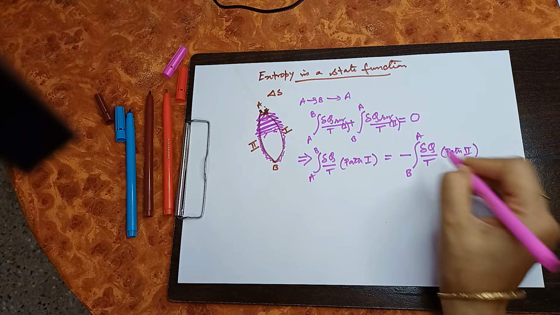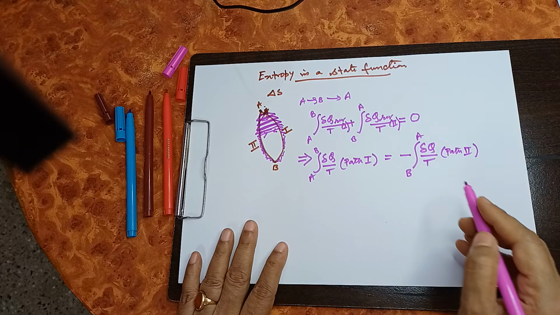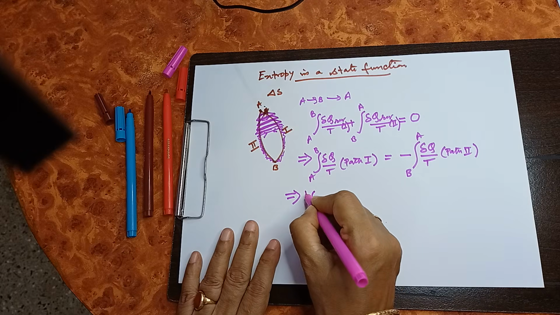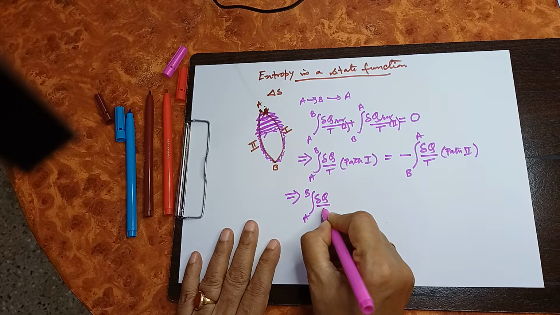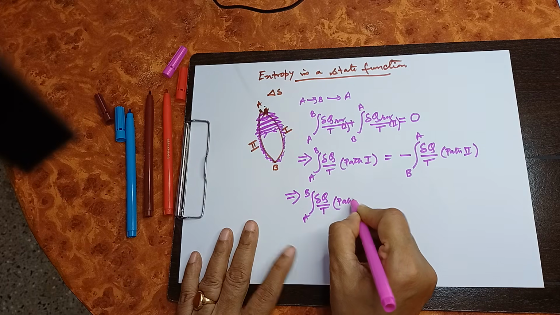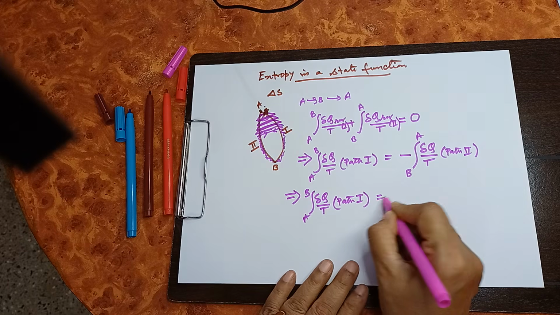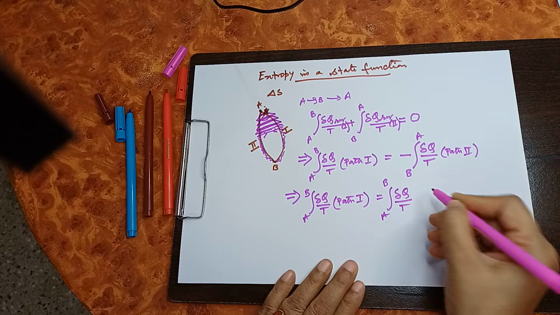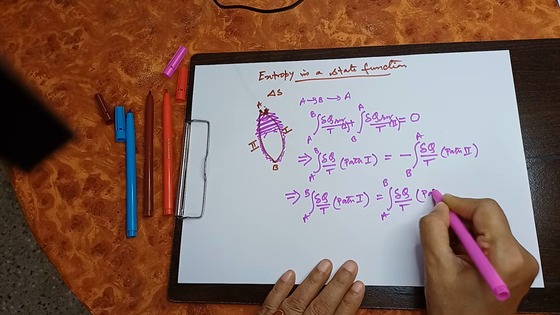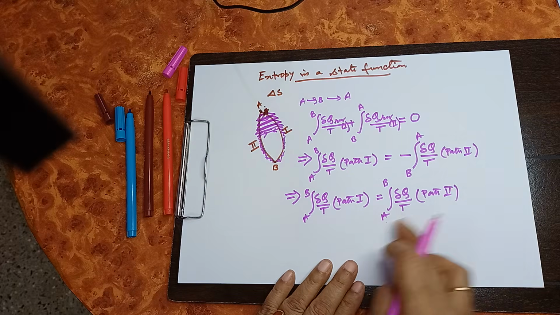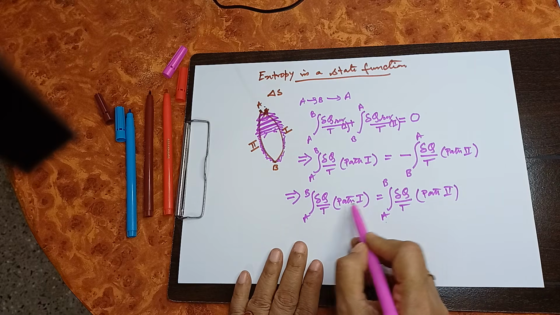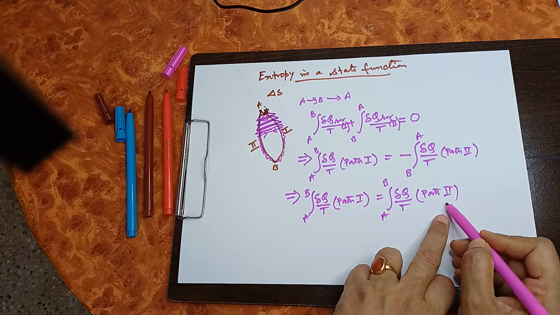So I can write A to B del Q by T along path 1 is equal to A to B del Q by T along path 2, since this is minus of that. Therefore, the entropy change in path 1 is exactly the same as the entropy change in path 2.